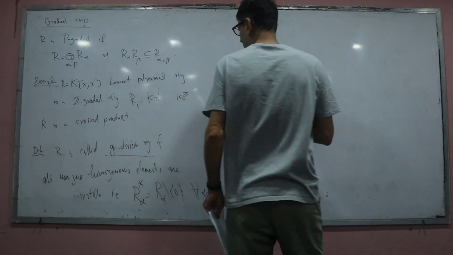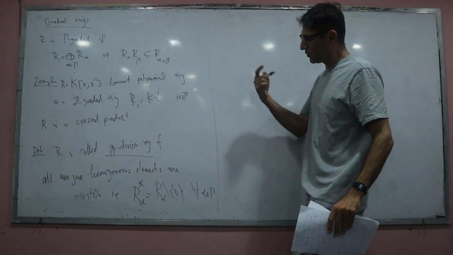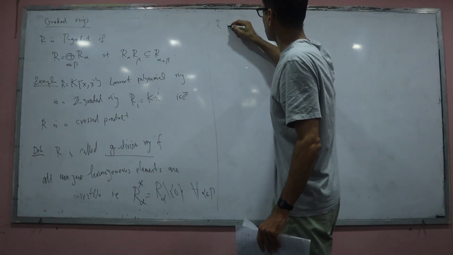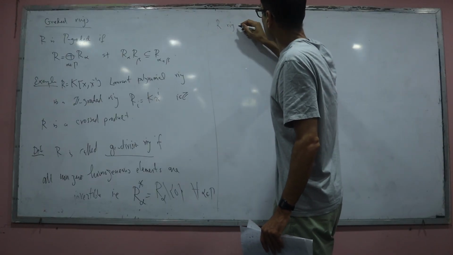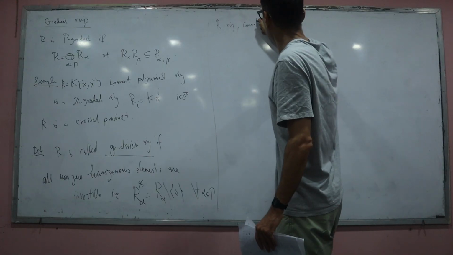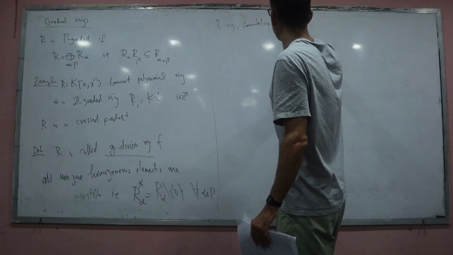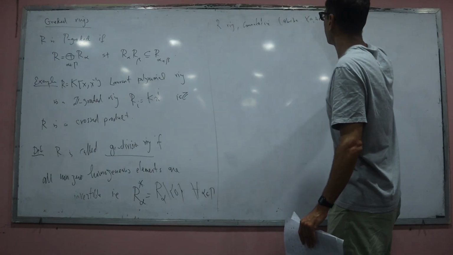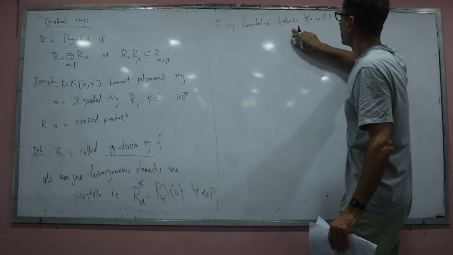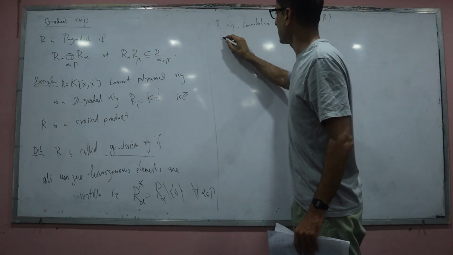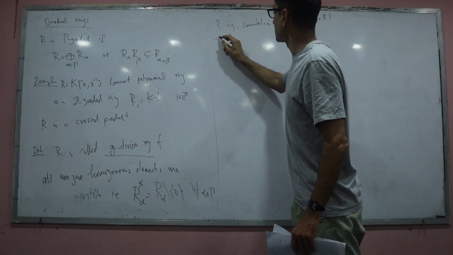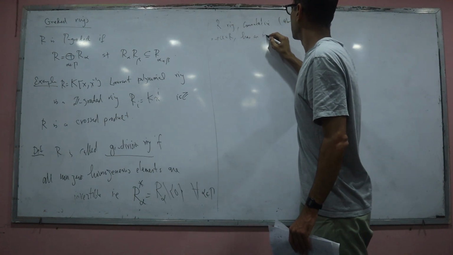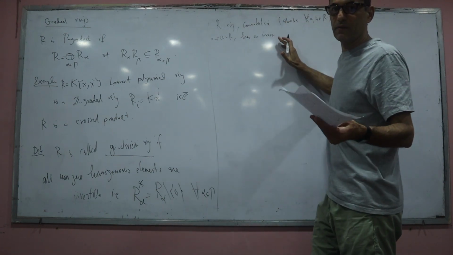So why do I call it a division ring? You have to remember that if you have a ring and it's commutative, meaning that AB is the same as BA for all A and B, and also any element you pick which is not 0 has an inverse, then this is what we call a field.